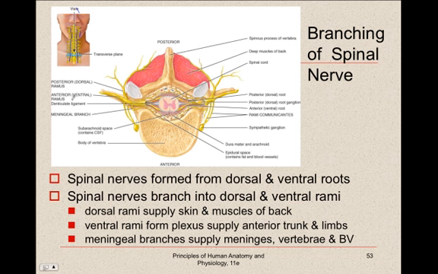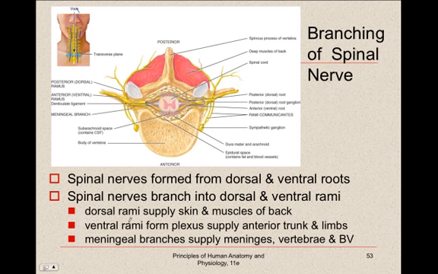So the rami communicantes are just a way to communicate with that sympathetic trunk because the sympathetic nervous system is so tightly controlled, and we'll talk about this. The sympathetic nervous system is going to help control the motor neurons that are going for our fight or flight type activities.